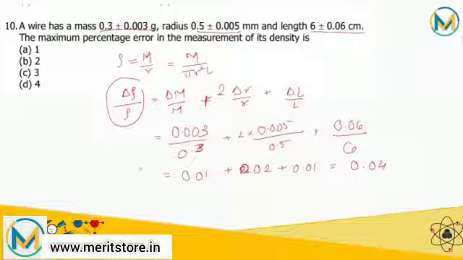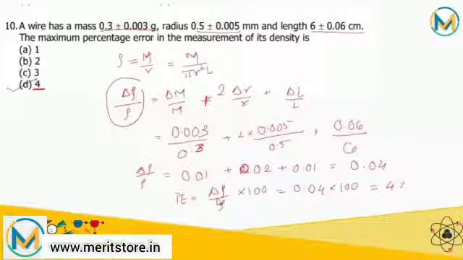This is nothing but delta rho upon rho. Now for percentage error, that is delta rho upon rho into 100, it is equal to 0.04 into 100, that is equal to 4%. So the correct answer for this question is option D.